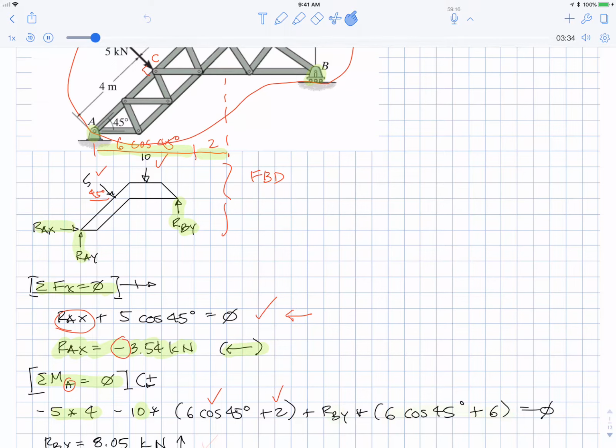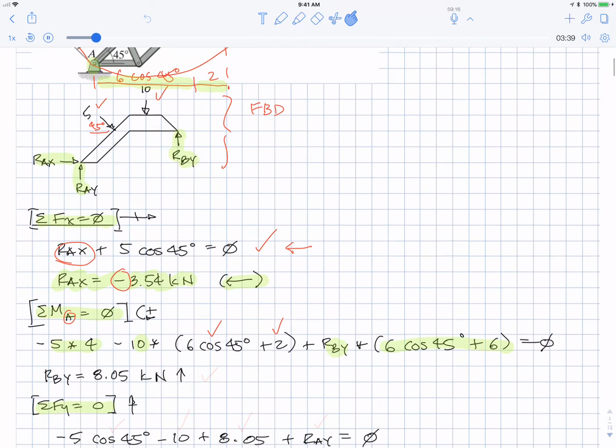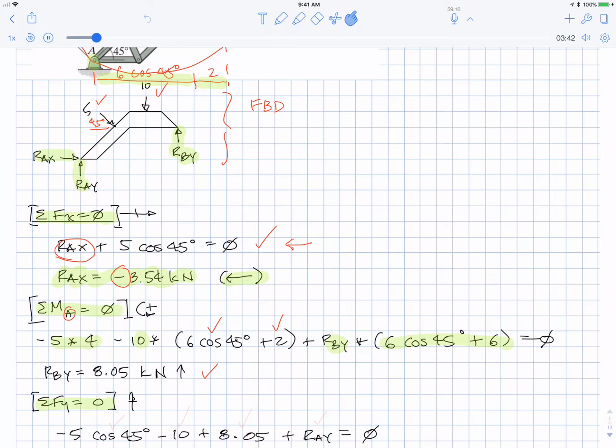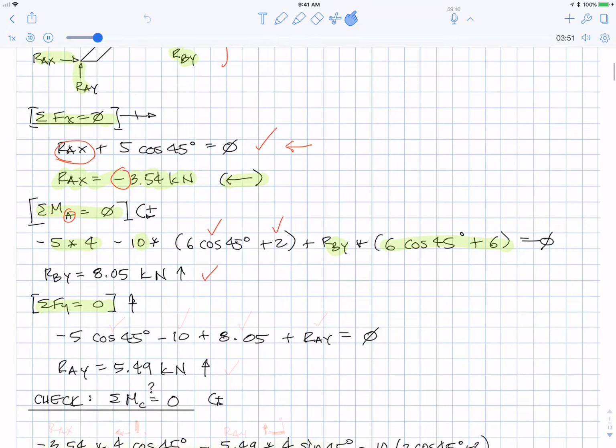So this is the force, and this is the perpendicular distance. And solving all that for RBy, I got RBy is 8.05 kilonewtons.